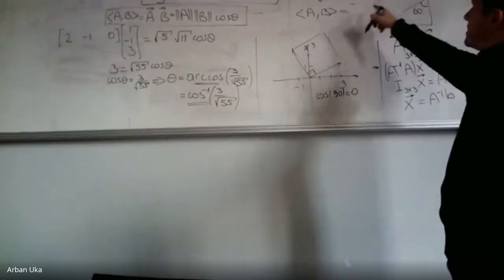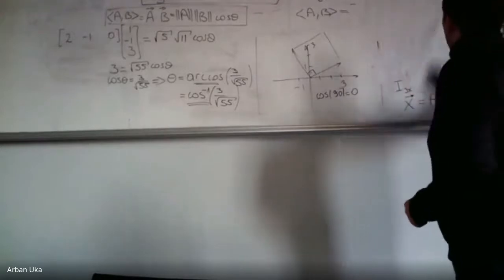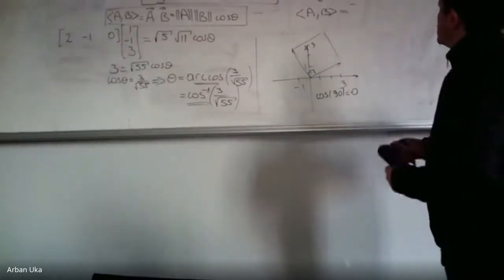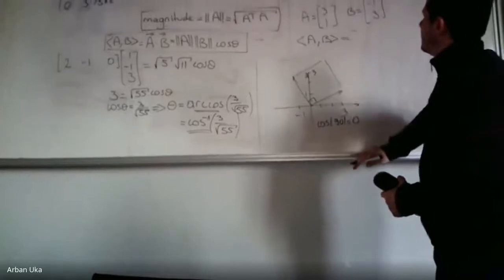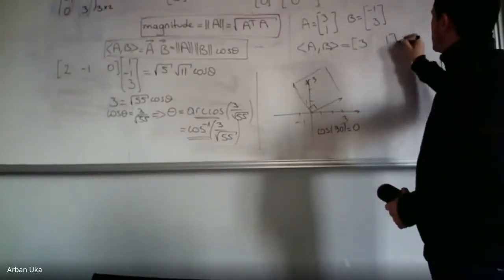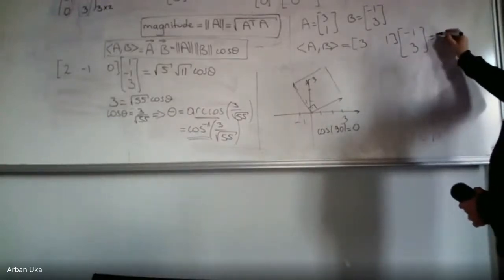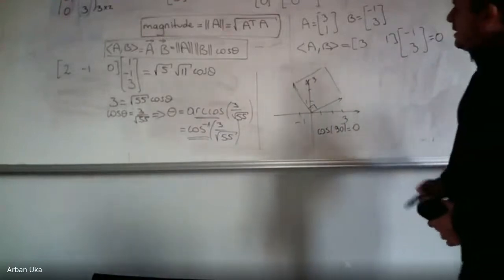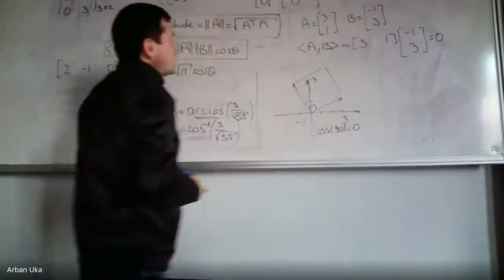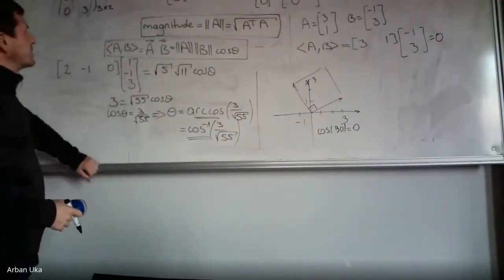The cosine of 90 is 0, which means that this inner product is expected to be 0. And of course, if we check, we get here the transpose of A times (-1, 3), and we get 0. Okay? So these are some applications of the inner products of the vectors.